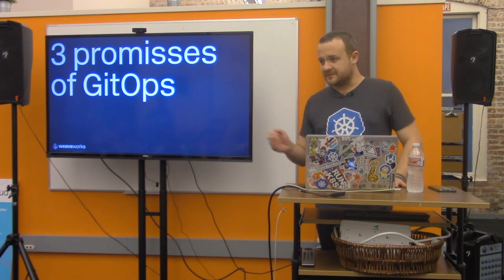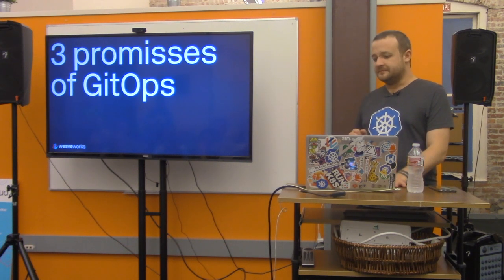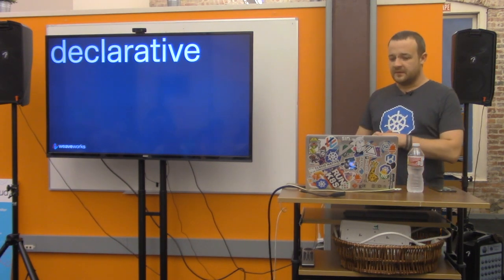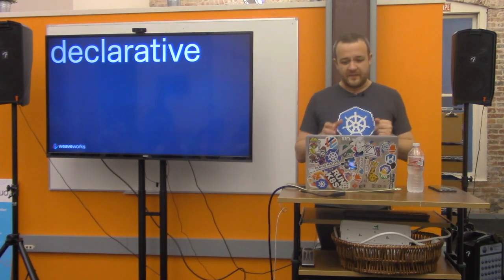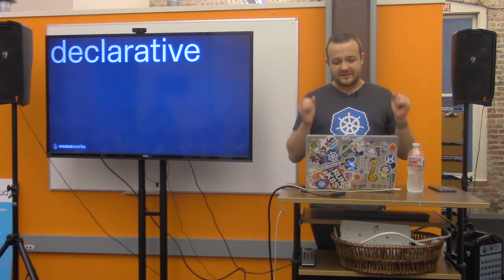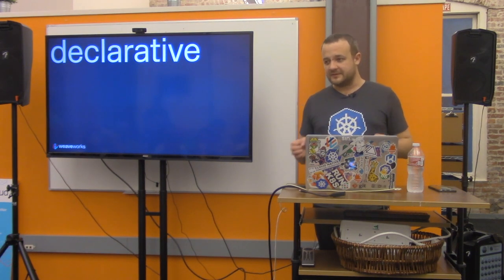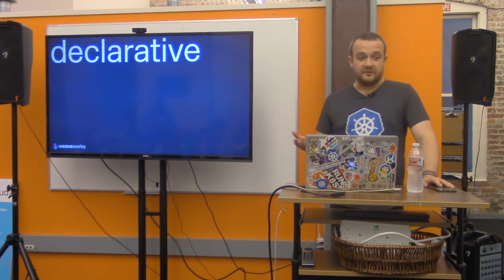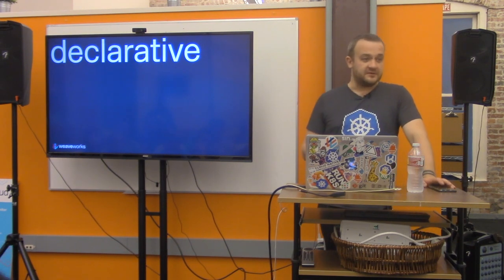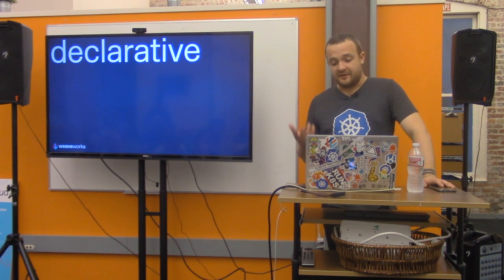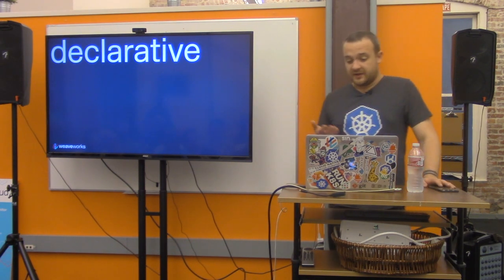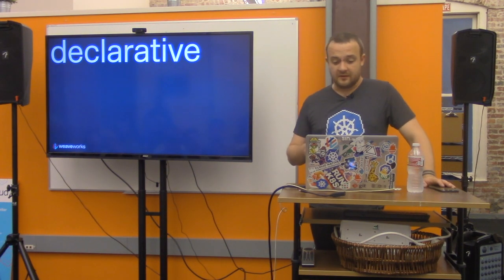So with GitOps, we really have these three clear promises. First up, it's all declarative. Desired state and everything that expresses the desired state is stored in a Git repository and continuously reconciled by Kubernetes. This includes workloads, of course, but also potentially dashboards, alerts, and even any external resources, and potentially cluster configuration as well.